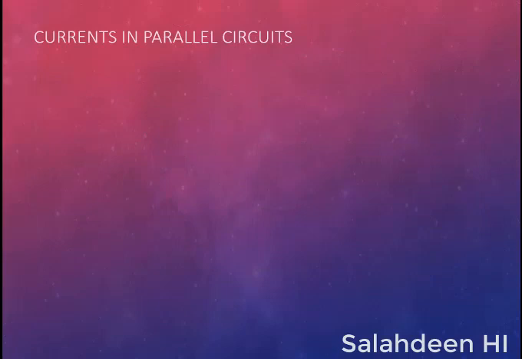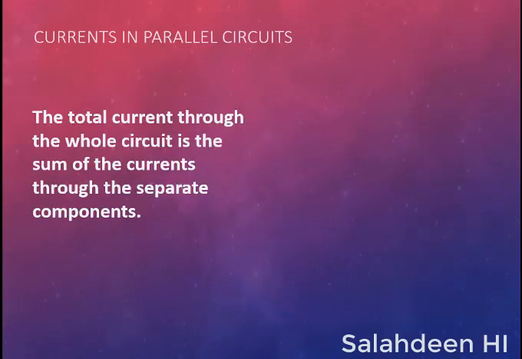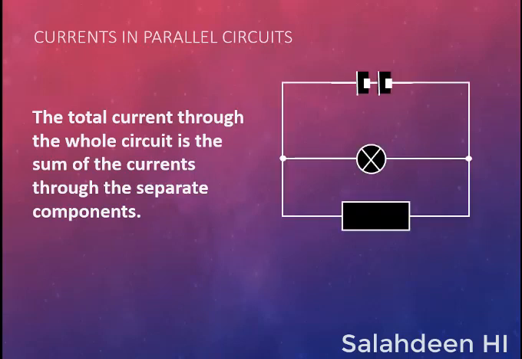Current in parallel circuits. The total current through the whole circuit is the sum of the current through the separate components. Here we have a circuit diagram. Here 5 amperes of current is flowing. 3 amperes enters the lamp, then 2 amperes enters the resistor.